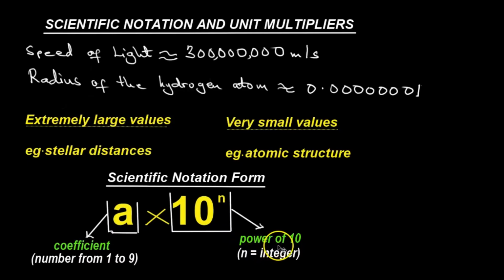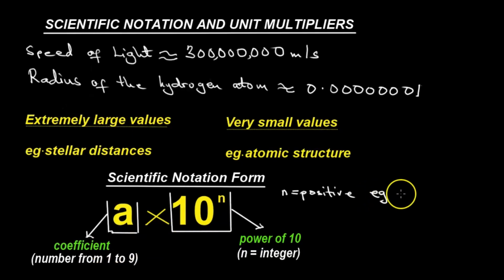The second part, the power of 10, carries a power n, which is an integer. The integer can be positive and it can be negative. Now, when n is positive, it means that our coefficient is being multiplied by a multiple of 10.